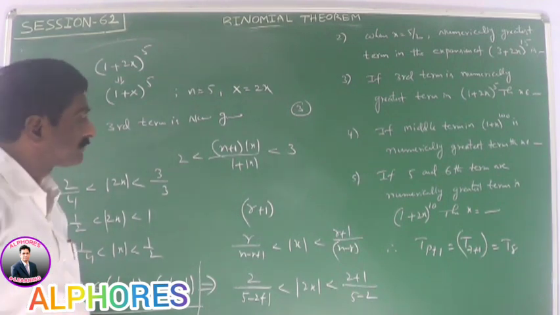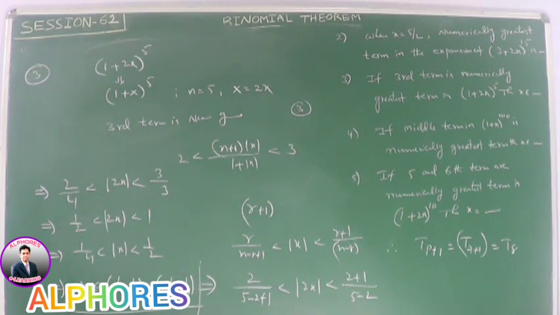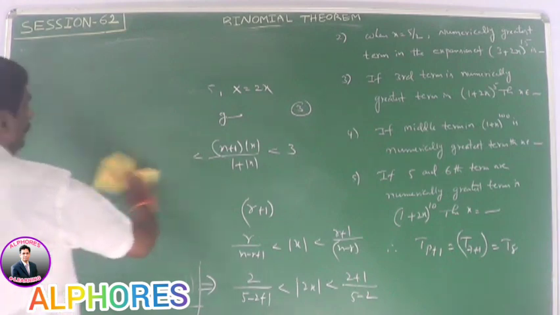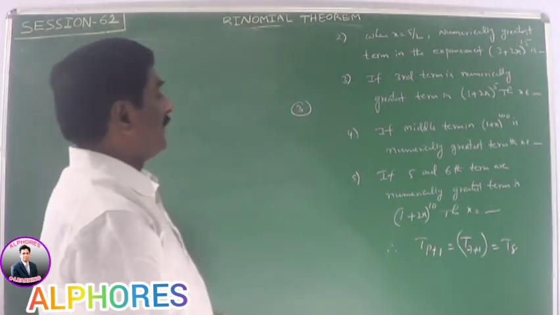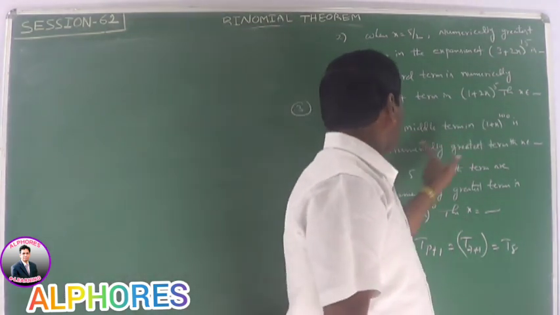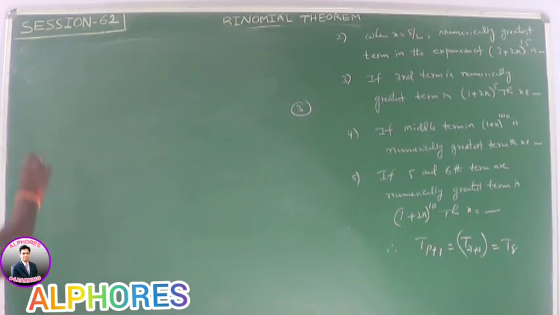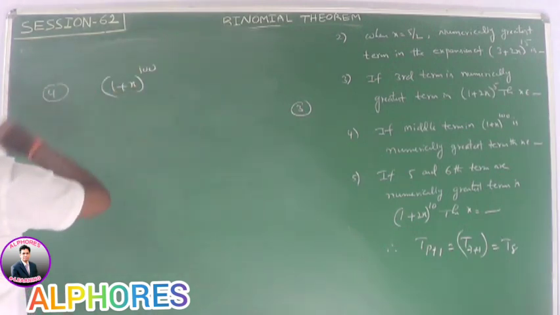Next, the fourth one. If the middle term in (1 plus x) whole power 100 is the numerically greatest term, then find the range of x. (1 plus x) whole power 100 is the given binomial.